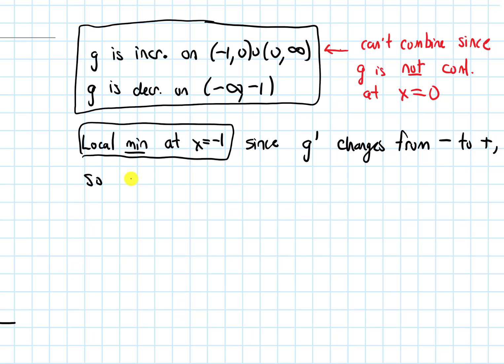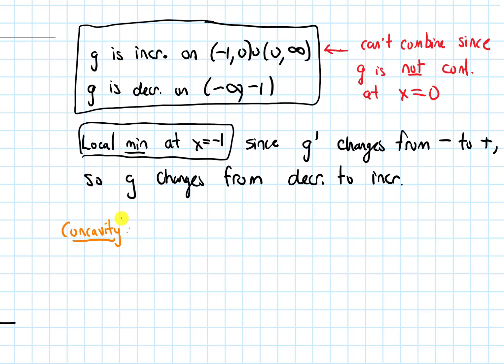So the original function g changes from decreasing to increasing. And because our function is continuous there and it changes from decreasing to increasing, that gives us that local min. Okay, so we've done the increasing, decreasing, max, min part. We are ready to talk about concavity.